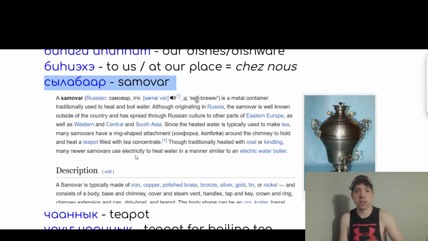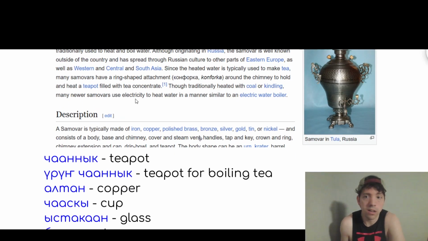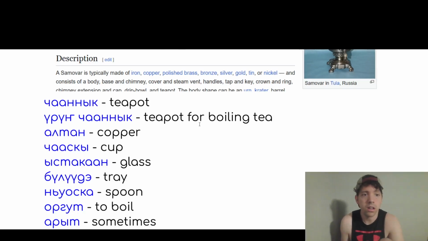A samovar is a metal thingamajig that you put a kettle in and use it to make tea or boil water. It's in Russia. And as you see there, it's in Central Asia, apparently South Asia, like India. I don't know. So there you go. That's a samovar. We're going to see that word a lot today.